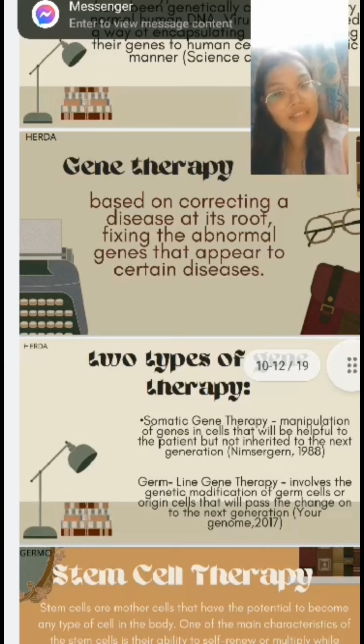So somatic is a manipulation that will not pass into the next generation, while germline is a modification that will pass into the next generation.